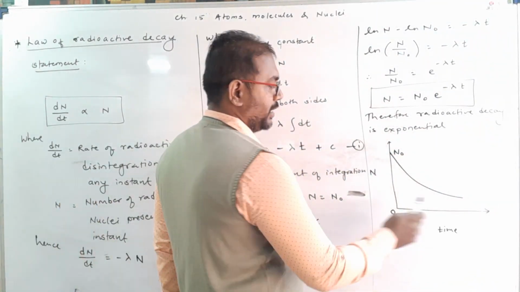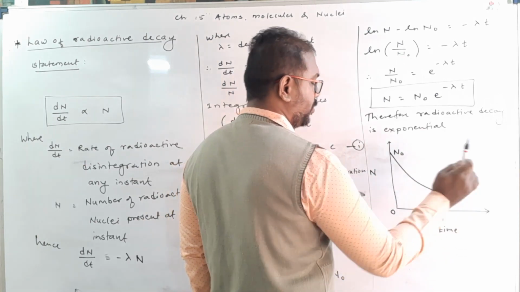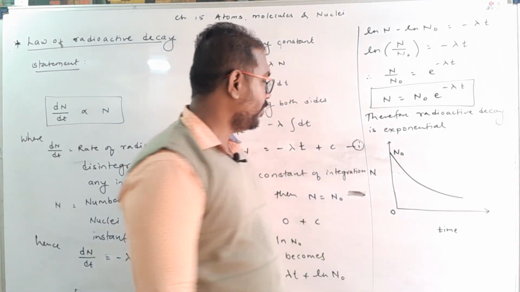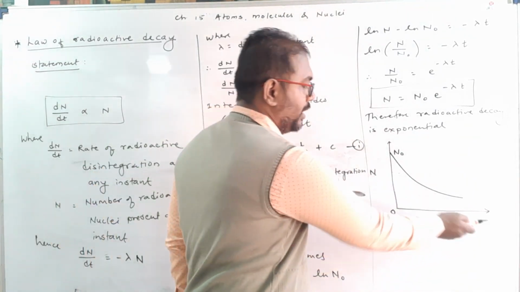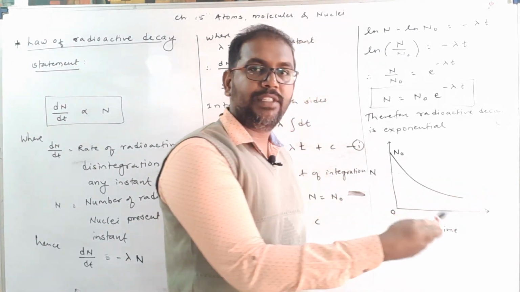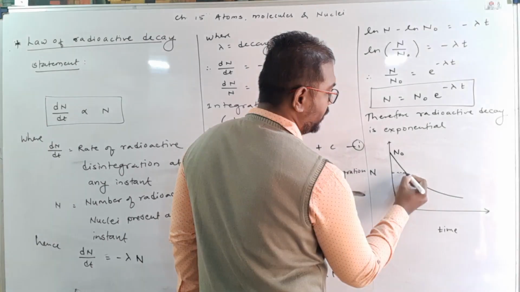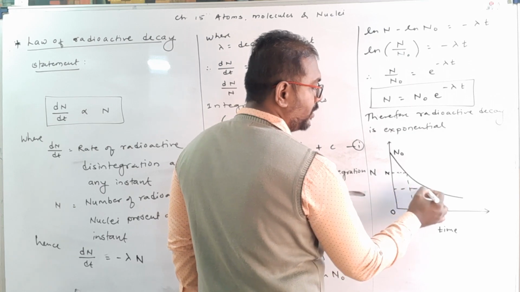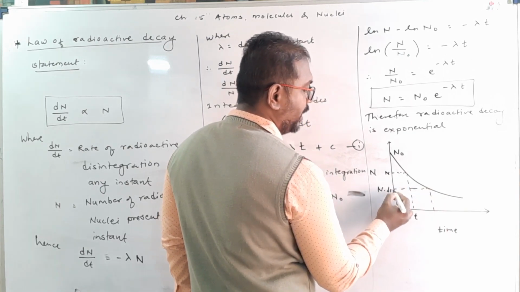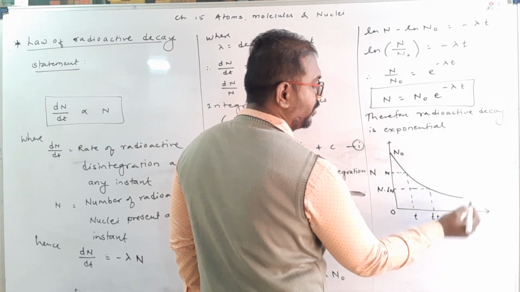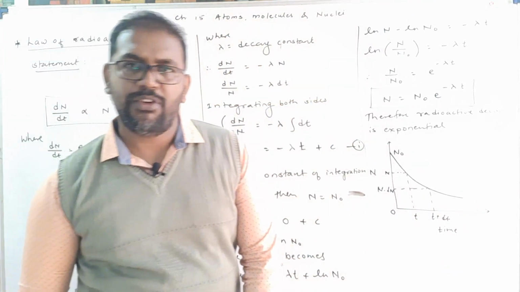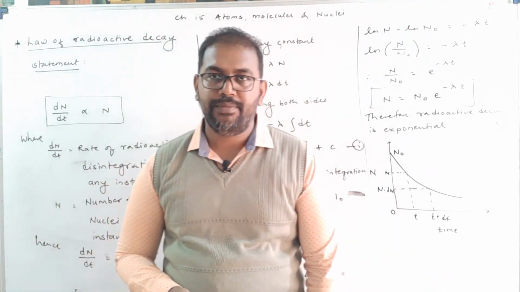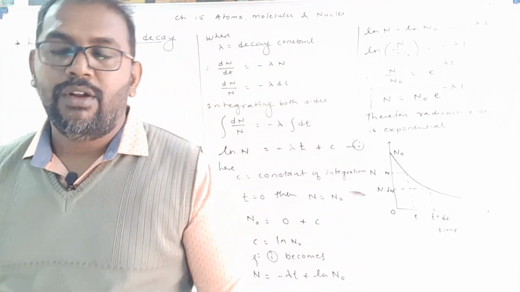Then as time passes, the substance decays exponentially. At time t the number is N, and after some time, at t plus dt, it is N minus dN. You can see this graph has an exponential nature. Therefore we can conclude that radioactive substances decay exponentially. I hope everyone understood this law of radioactive decay.